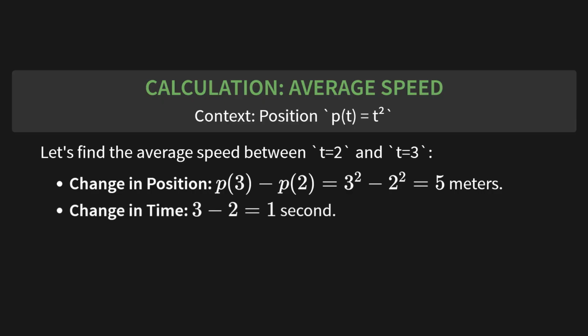That's 5 meters. Next, the change in time. That's just 3 minus 2, which is 1 second. So the average speed is 5 divided by 1, which gives us 5 meters per second. But that's a really crude average, isn't it? It's over a whole second.